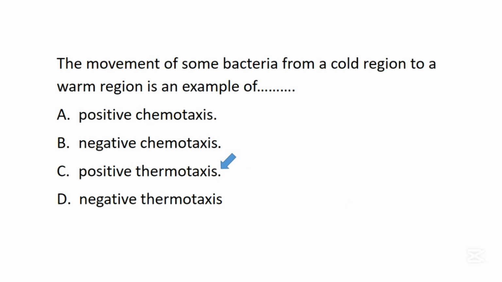But if an organism moves away from temperature, that response is known as negative thermotaxis. So when some bacteria move from a cold region, that's a region where temperature is low, to a warm region, that's an environment where temperature is high, it shows that they are making a positive thermotactic response, or it can be called positive thermotaxis.